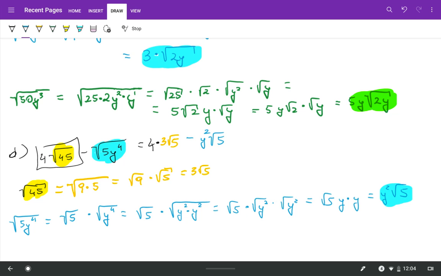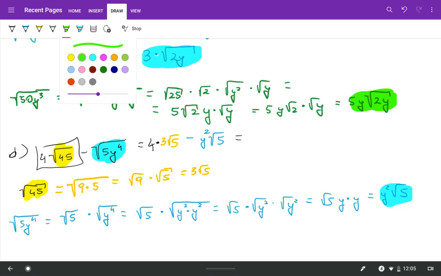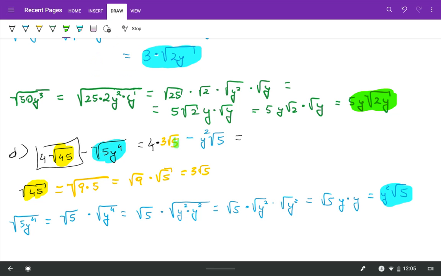And now we can subtract that expression since we have like radicals. Like you see right now, we have the same expression under the radical, so we can subtract them, use the distribution property. Outside, move the square root of 5, the one which repeats.